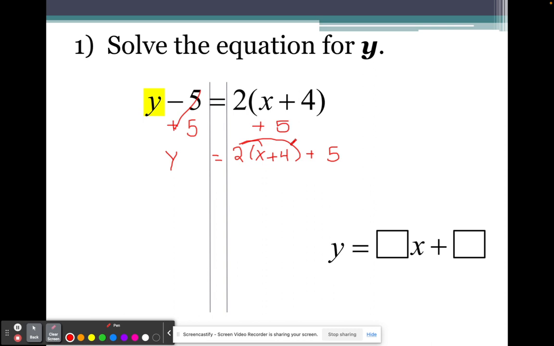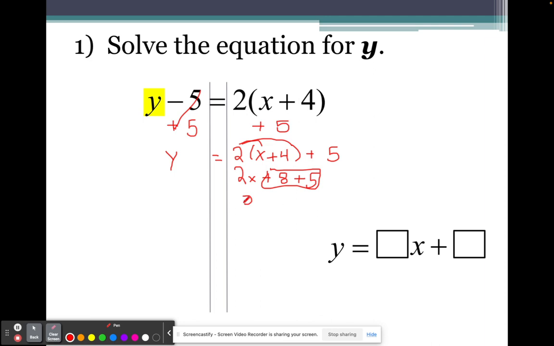So I'm going to distribute that 2, and I get 2x plus 8, 2 times 4. And then I add my 5. Now I can combine those like terms, that 8 and the 5. Combine these and get 13.